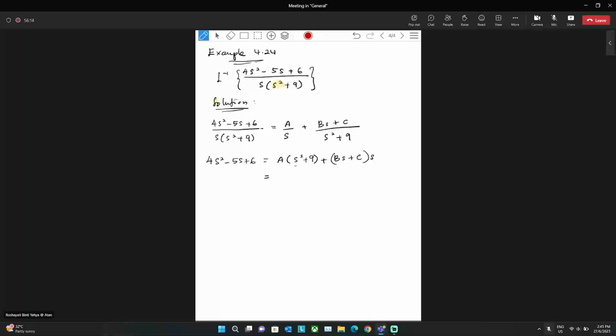So s to the power of 2, you have A plus B, and then plus s. For s, we only have C, so Cs, plus, s to the power of 0, so 9A.